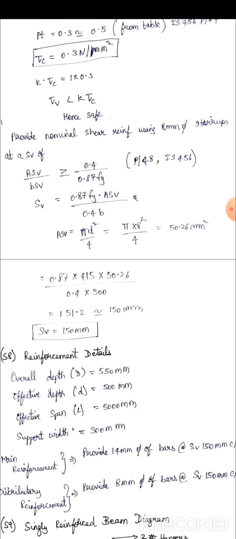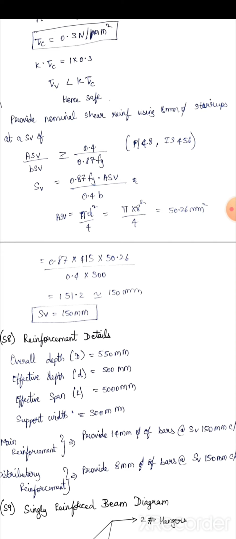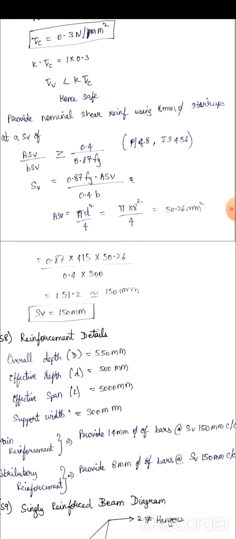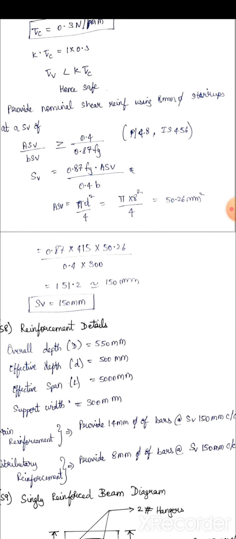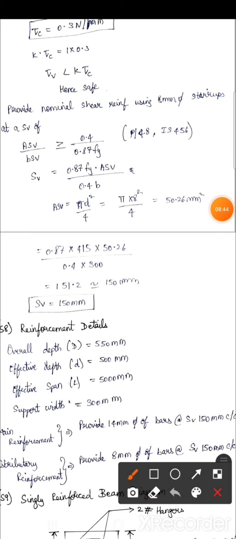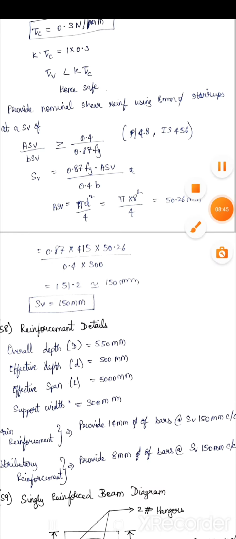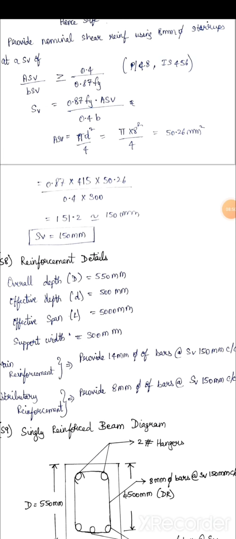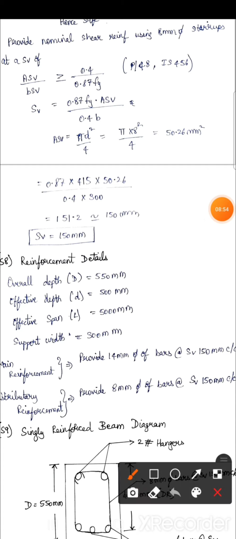Dia is 8 mm. So ASV answer is 50.26. We must assume the dia for ASV. Now we calculate this answer in spacing formula. So we get 150 mm spacing.